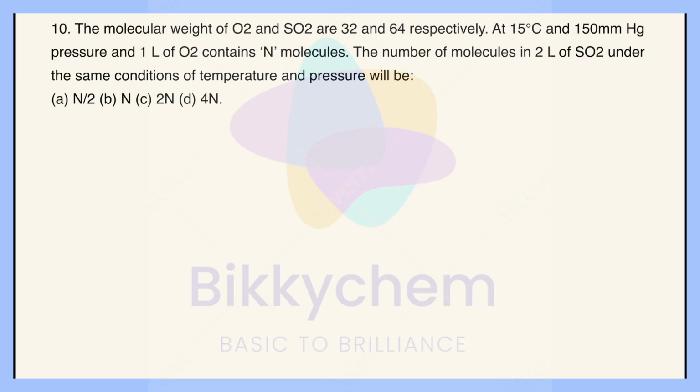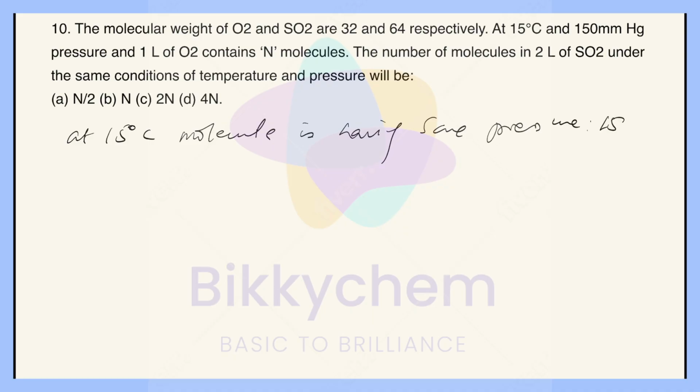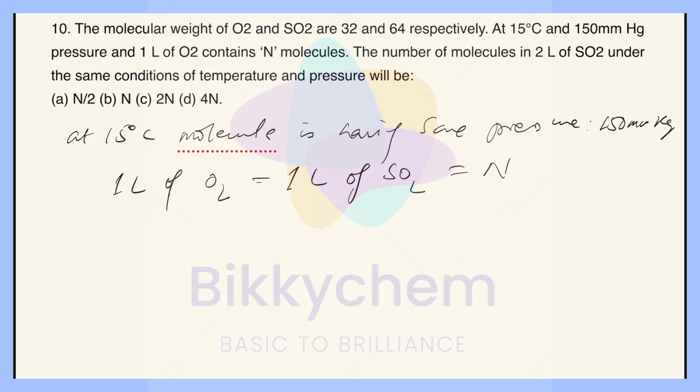Since according to the question, the gases are at the same pressure, that is 150 mmHg and the same temperature, 1 liter of oxygen and 1 liter of SO2 will have the same number of molecules, that is N. That means 2 liter of SO2 means 2N. It's very simple, hence option is C.